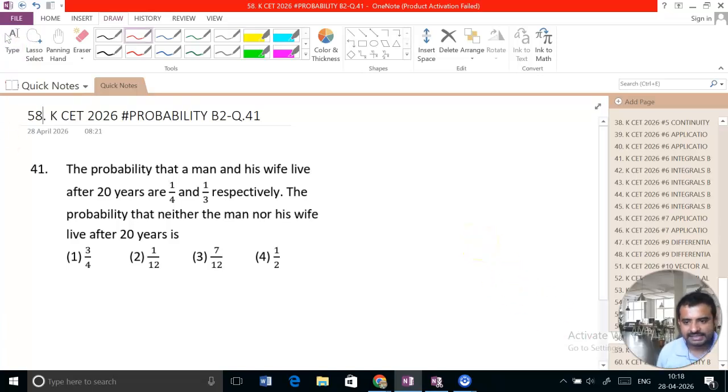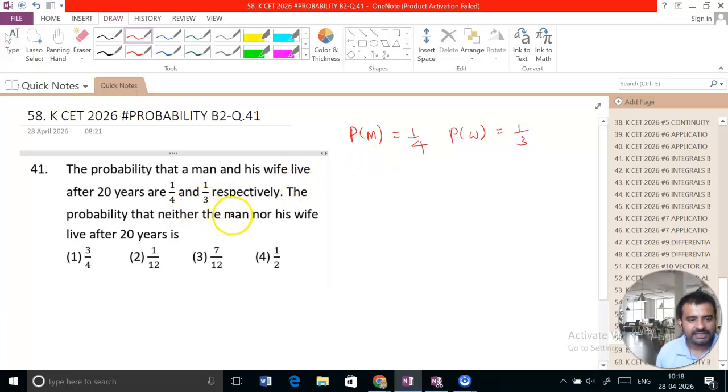Here they asked: the probability that a man and his wife live after 20 years are 1 by 4 and 1 by 3. So the probability of the man living after 20 years is 1 by 4, and the probability of his wife is 1 by 3. I'm going to call them P of M and P of W for man and his wife respectively.